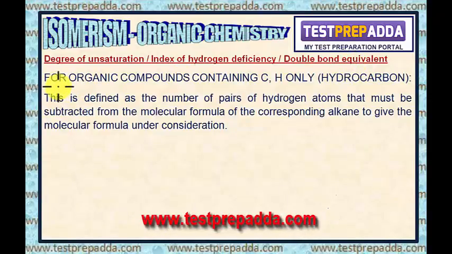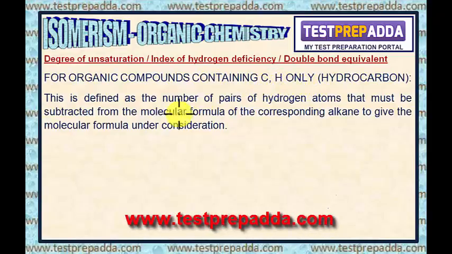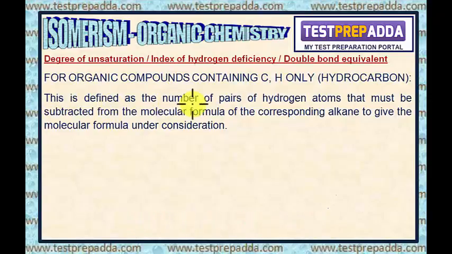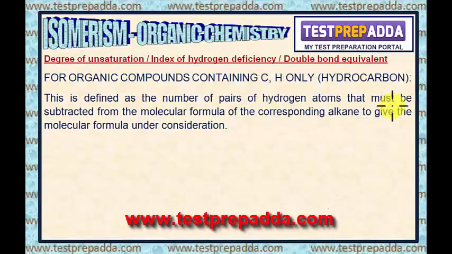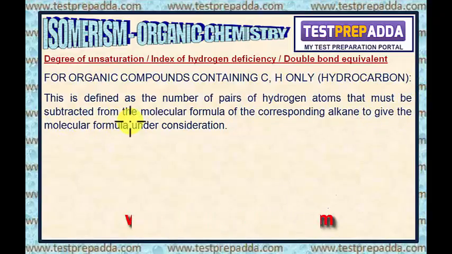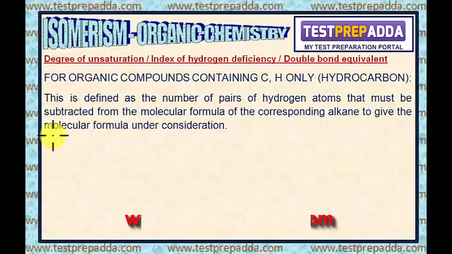If we want to find degree of unsaturation for organic compounds containing carbon and hydrogen only, it is defined as the number of pairs of hydrogen atoms that must be subtracted from the molecular formula of the corresponding alkane to give the molecular formula under consideration.